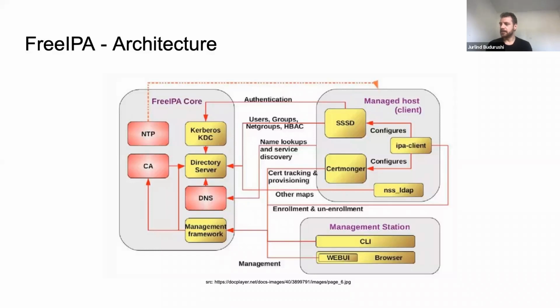The management station. This is your client, your administrative computer, from which you are accessing the management framework, either via the CLI or via the web UI, and are managing, for example, installing client machines, installing the server itself, taking some configuration settings, and so on and so forth.